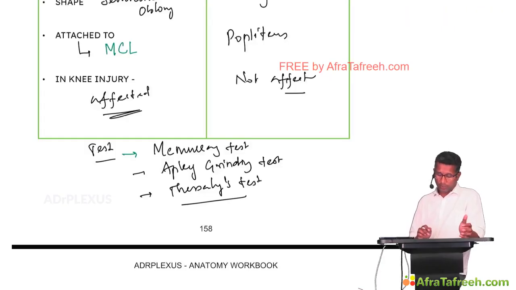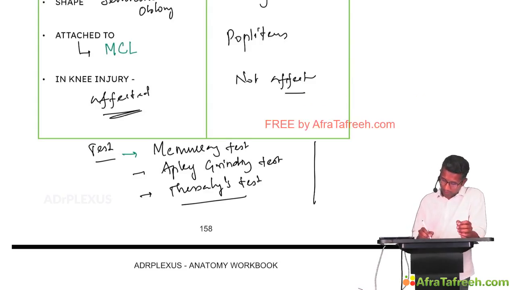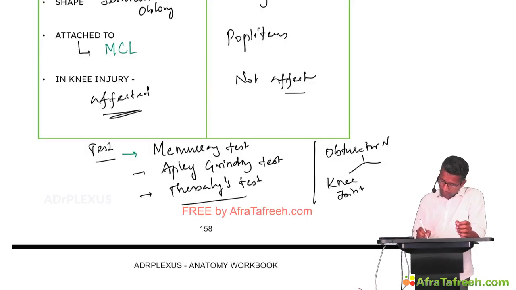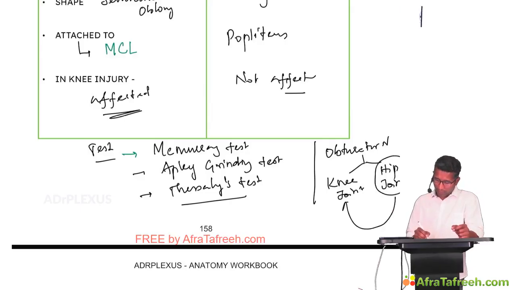The knee joint is supplied by the femoral nerve, the obturator nerve, and also the sciatic nerve. All three nerves supply the knee joint. But one important thing is that the obturator nerve supplies both the knee joint and the hip joint. That is why if you have a pathology in the hip joint, the pain can be referred to the knee joint.